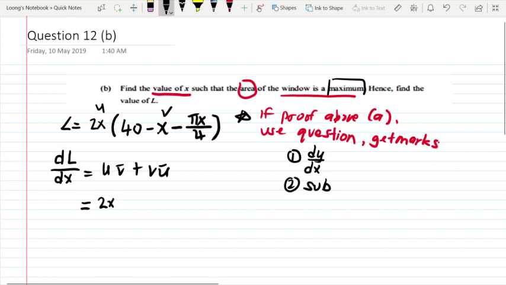The differentiation of v is negative 1 negative pi over 4, plus what we have here is v, and the differentiation of u, which is 2.